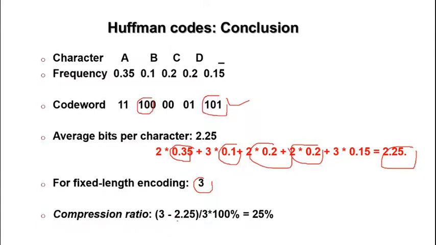The compression ratio is (3 minus 2.25) divided by 3, because of the fixed length 3, times 100%. So in terms of compression ratio, we get 25%.